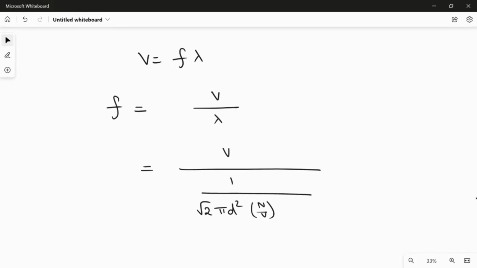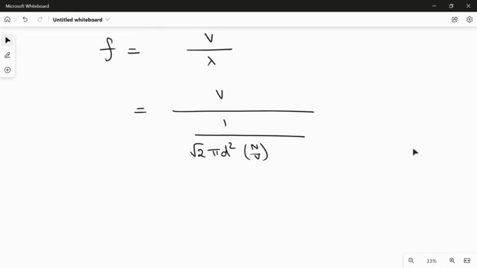Now we are going to substitute the values. Before that, we have to identify what is this N as well as V. Here the capital N stands for the number of molecules, and V is the volume. We don't have this information in the question, so I have to use some small substitution.